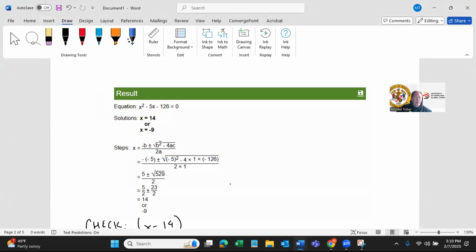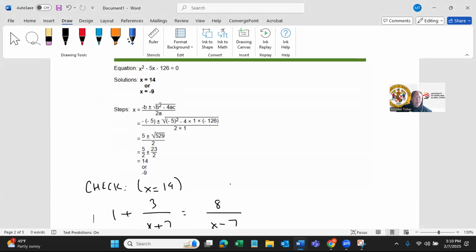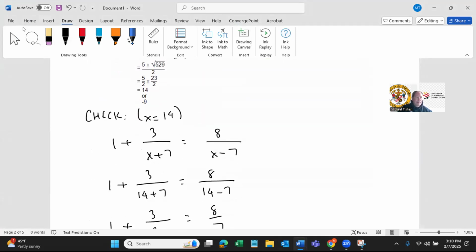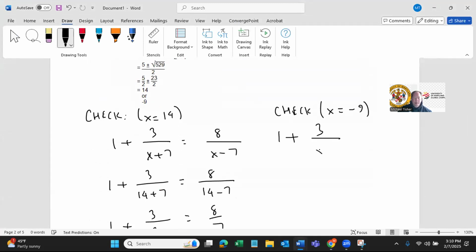All right, now let's verify this other answer, -9. All right, go back to the original equation once again. We'll put the -9 in.